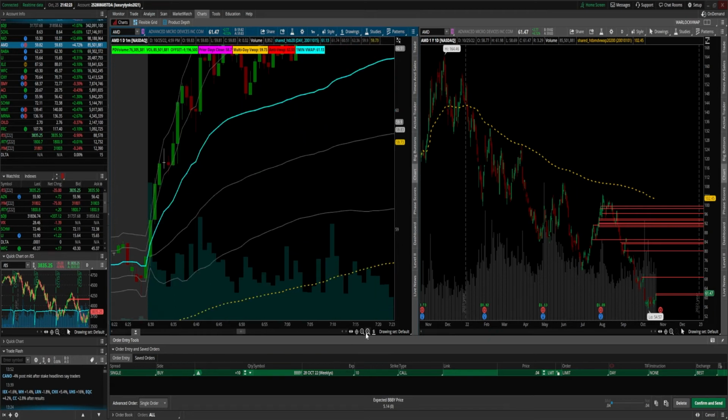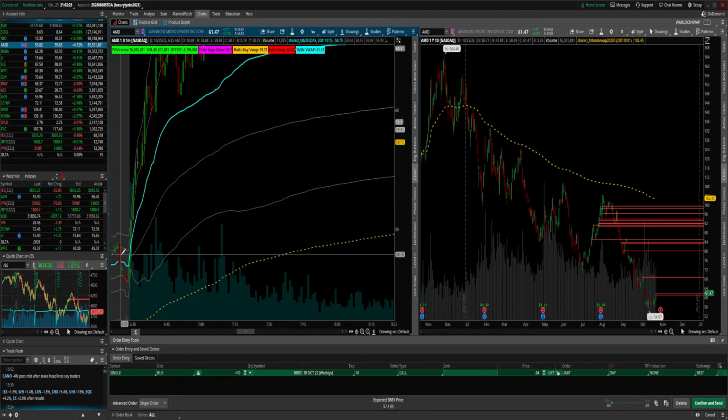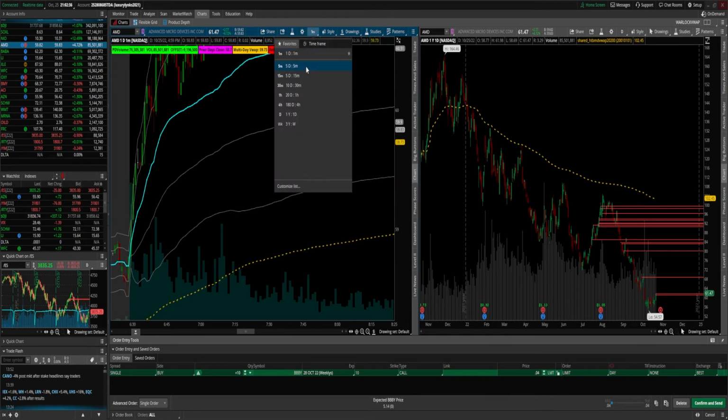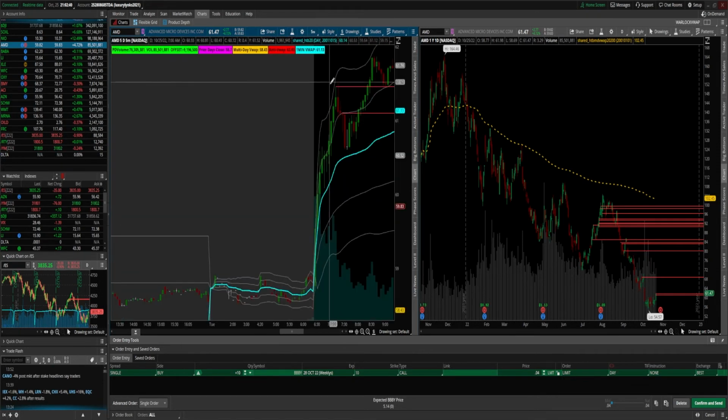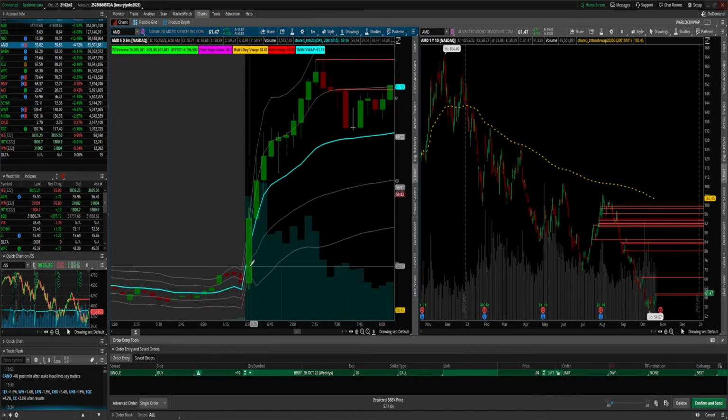But notice this. Just look how straight up this is going. It's going straight up. And if we look at the 5 minute bar, it's huge candles going straight up.